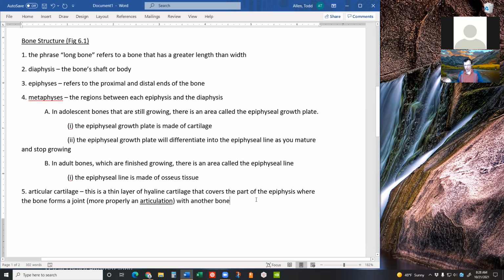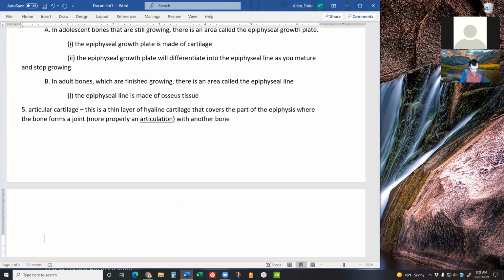So articular cartilage is going to be found at the proximal and distal ends of the bone. It's made of hyaline cartilage and it covers each epiphysis. There is something peculiar about articular cartilage that you should know.